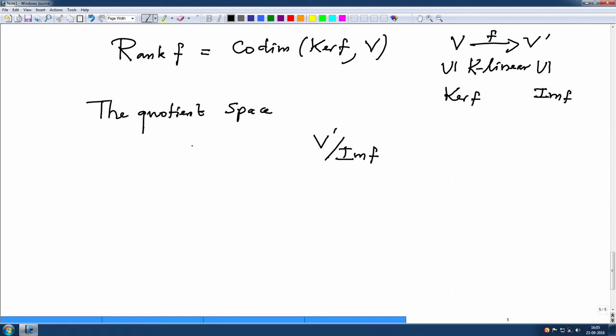this is called the co-kernel of f, denoted by Coker.